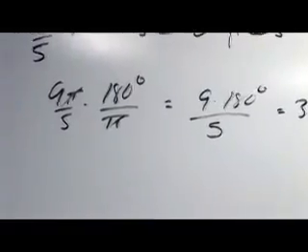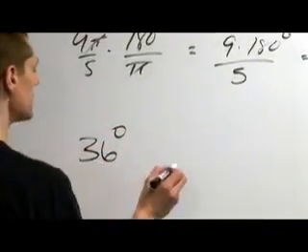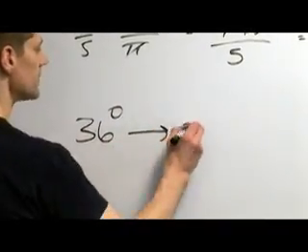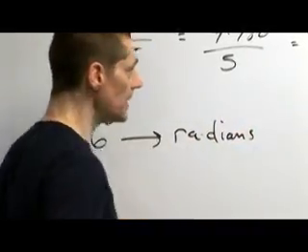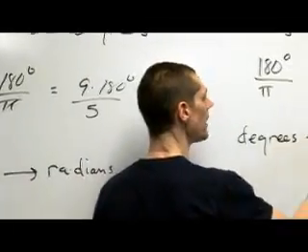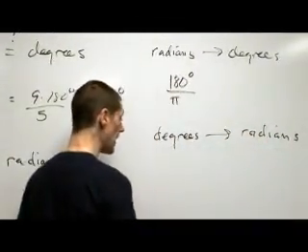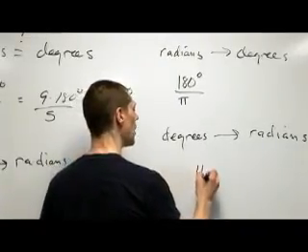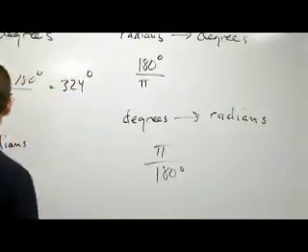Similarly, suppose we want to go from 36 degrees to radians. Well, we know that going from degrees to radians, we're going to want radians on the top and degrees on the bottom, so the degrees cancel out.